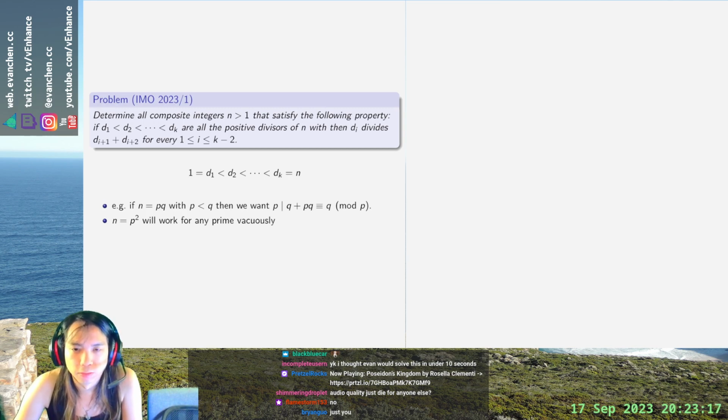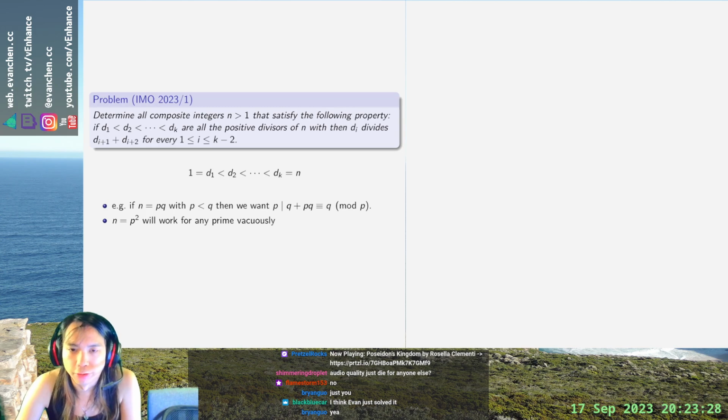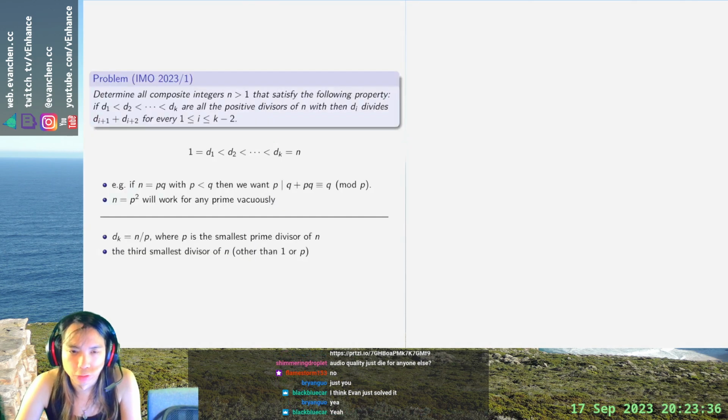And then what I'm going to do is look at the second smallest divisor of n other than 1. Okay, so let's say third smallest. So other than 1 or p, it is always either p squared or another prime q.